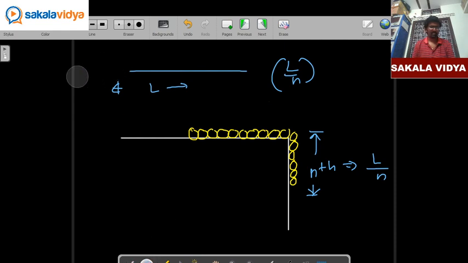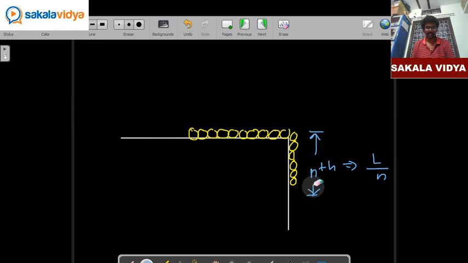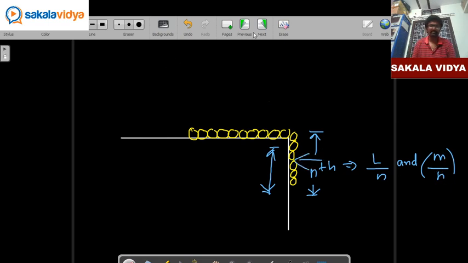So on a table, from its horizontal edge, the nth part of the chain is hanging, where this length is L by n, and the mass of this hanging part is m by n.